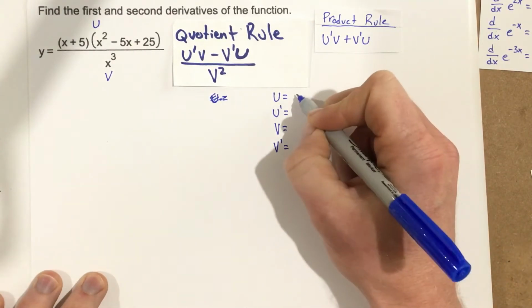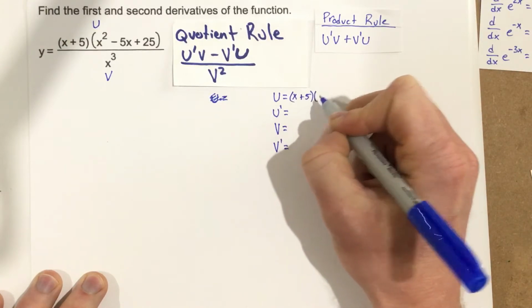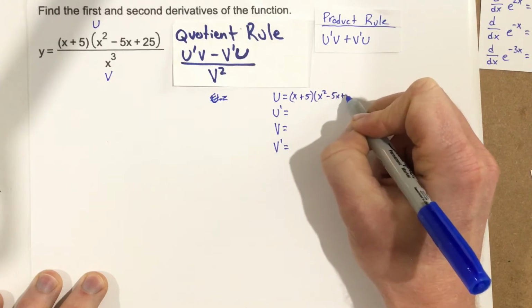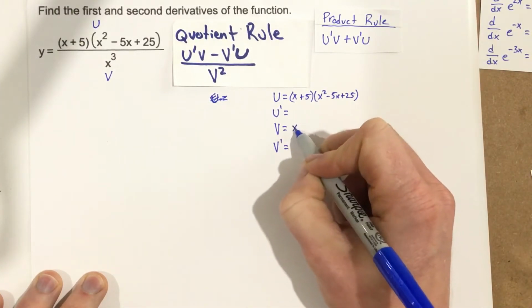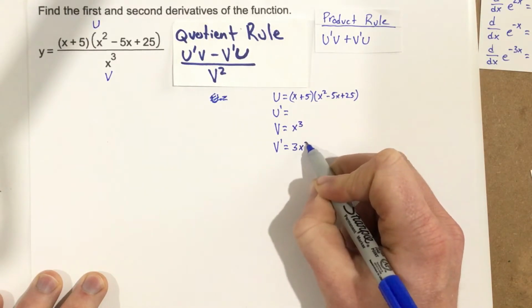So u is x plus 5 times x squared minus 5x plus 25. v is x cubed. So v is the easy function. Take the derivative of that. That's 3x squared.